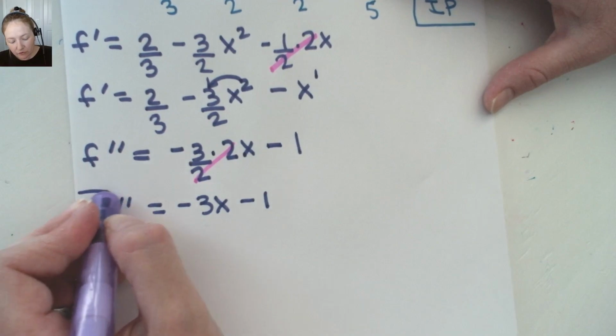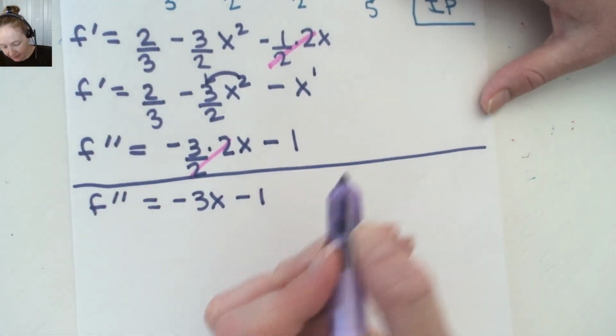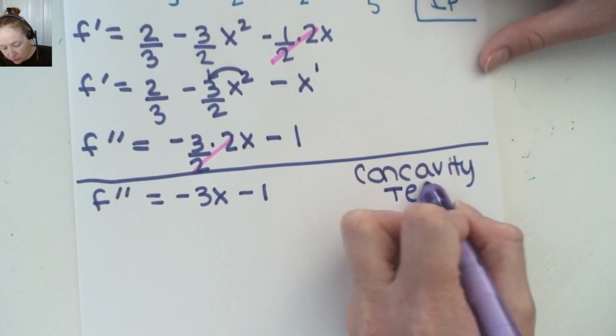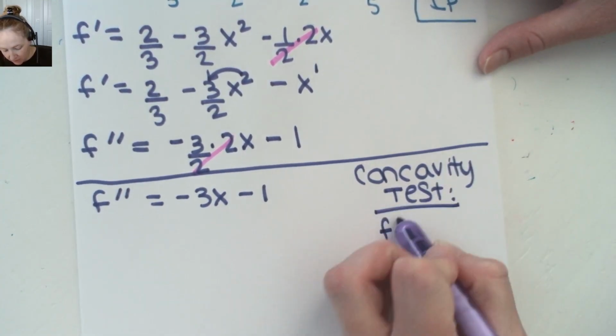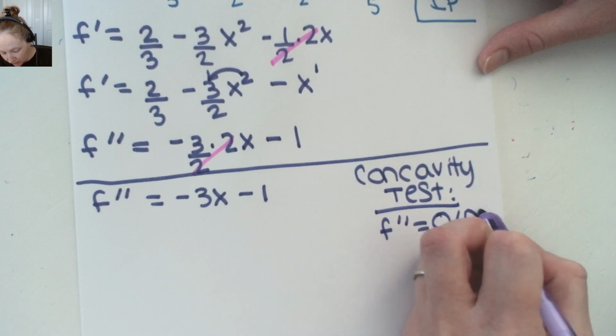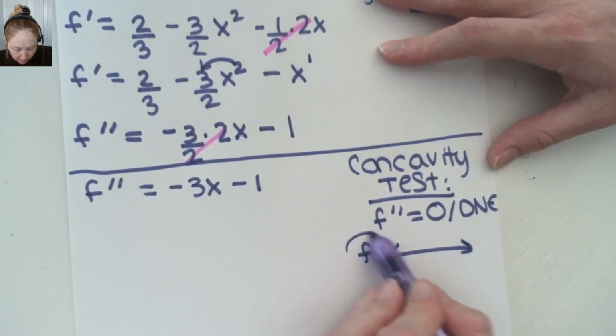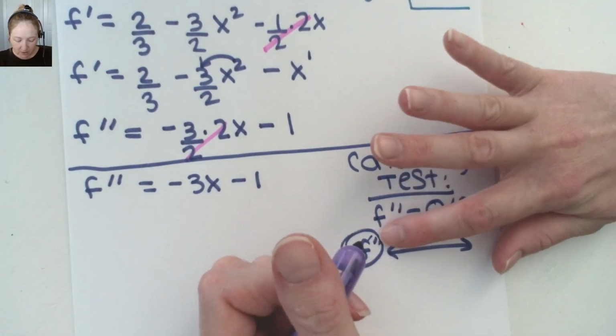Now, the thing that you have to remember with this concavity test is that you are working exclusively with the second derivative. You're setting the second derivative equal to 0 or does not exist, and then drawing your number line for the second derivative.